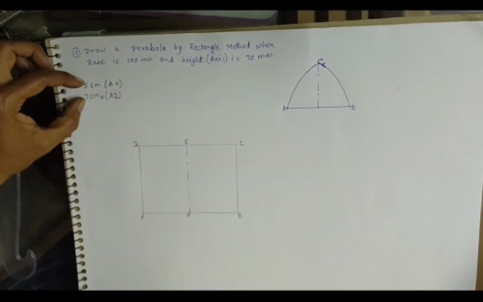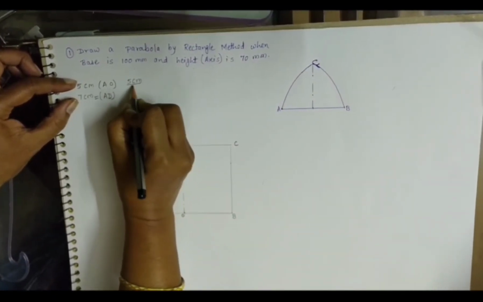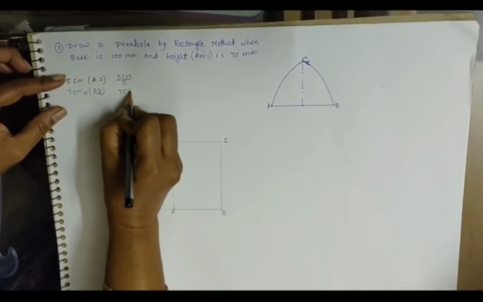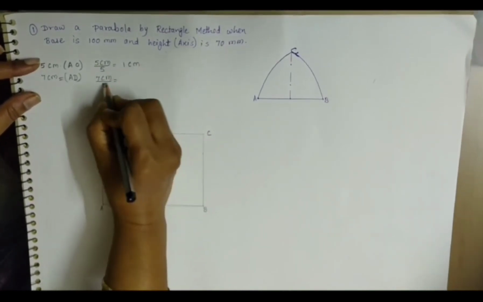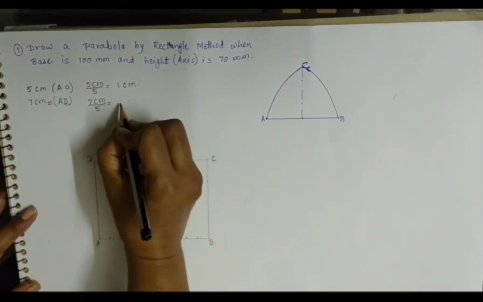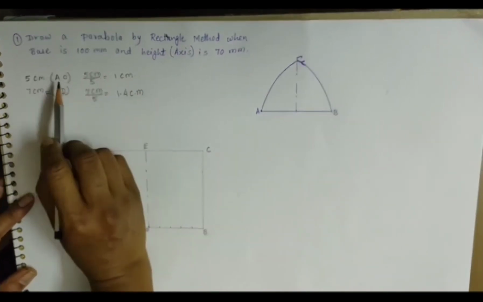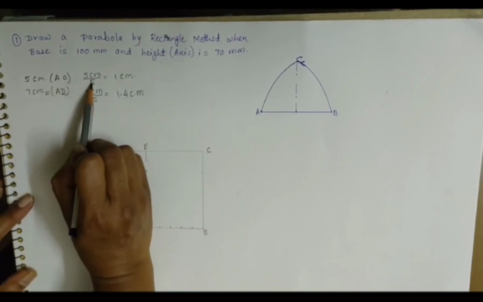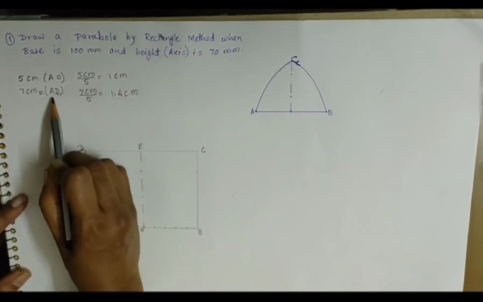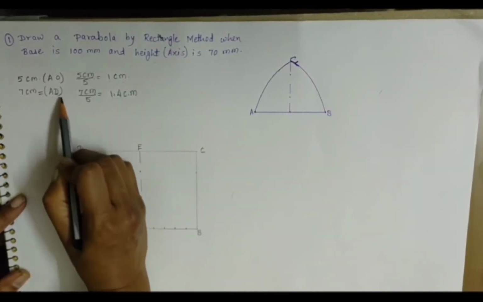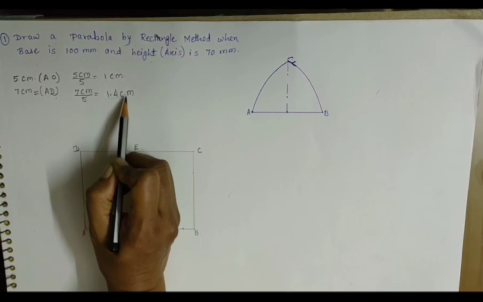Both can be divided into the same equal parts if we divide this 5 centimeter by 5 and this 7 centimeter also by 5. Then I will get 1 centimeter here, and 7 divided by 5 means 1.4 centimeter. This means the AO line will be divided into 5 parts and each part will be of 1 centimeter. In the similar way, the AD line will be divided in 5 equal parts and each part will be of 1.4 centimeter.